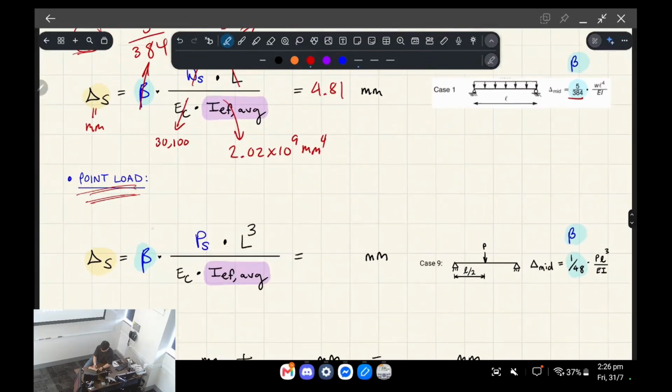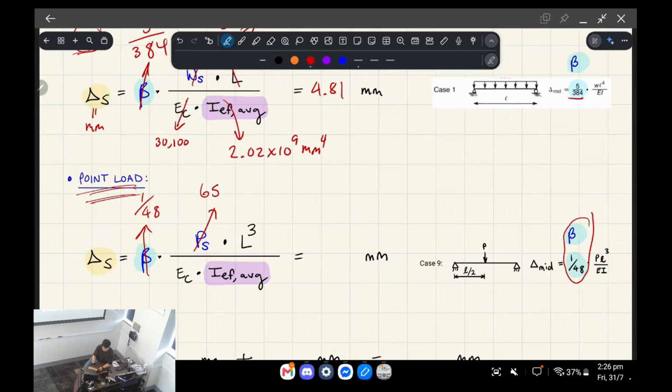For a point load, the short-term deflection follows a different beta constant. In the case of a point load in the middle, it's 1/48. Here is a very common spot for a mistake: not multiplying your point load by 1,000.